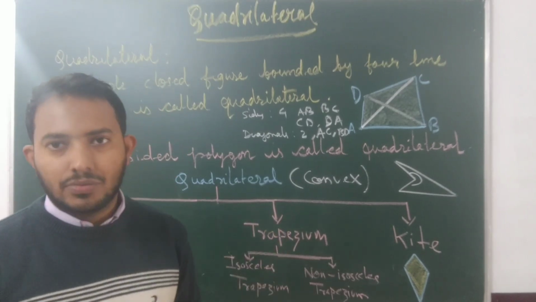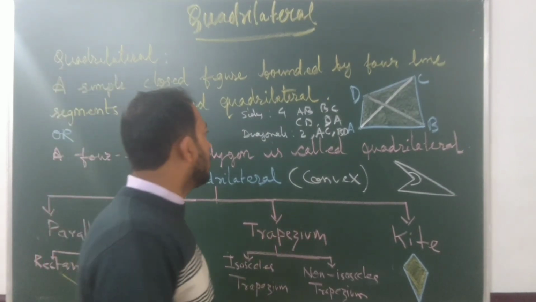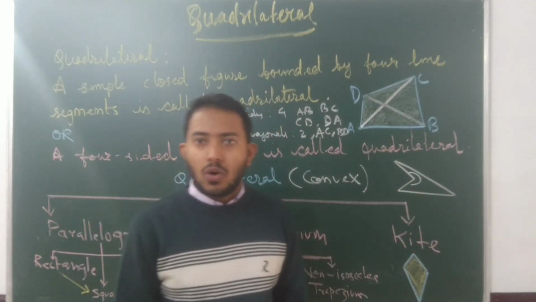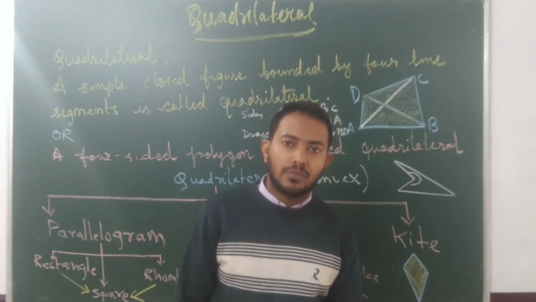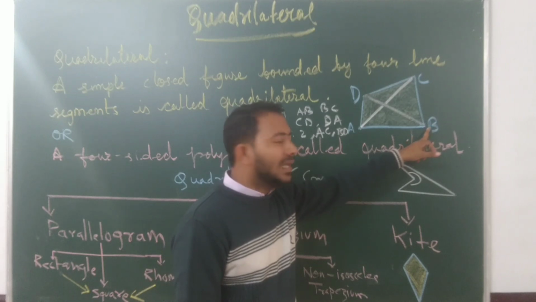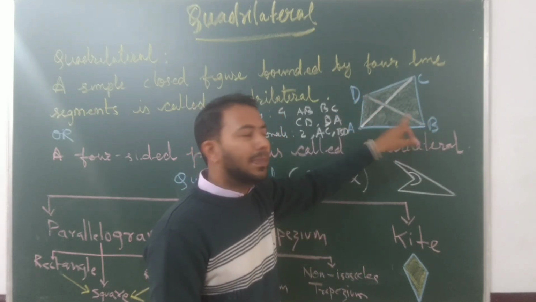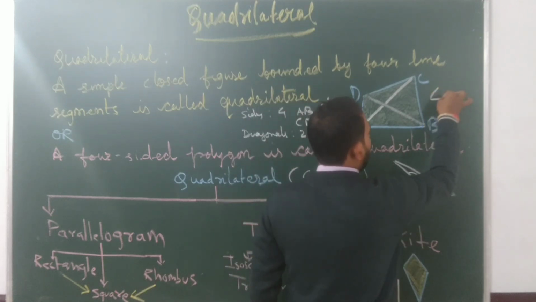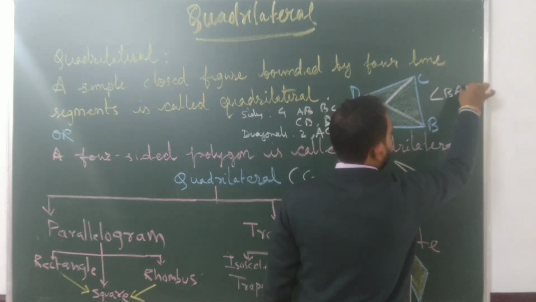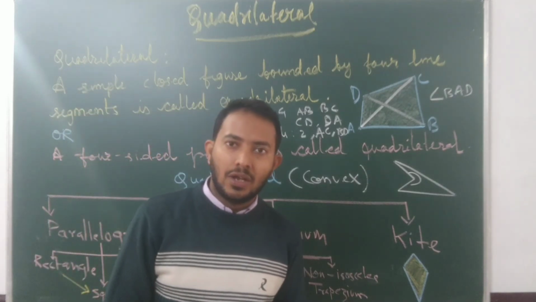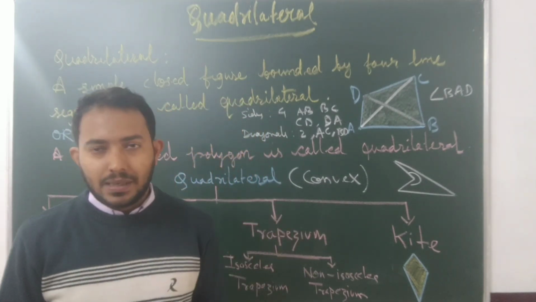Now angles. How are we going to represent an angle? You may say angle A, angle B, angle C, and angle D. Or we have a standard form. We can write angle BAD or DAB. This is the representation. You say BAD or DAB.